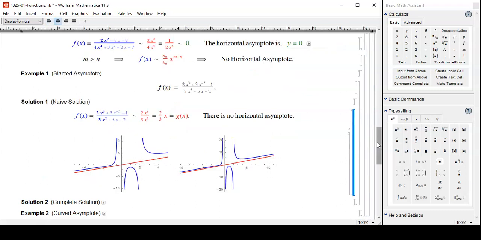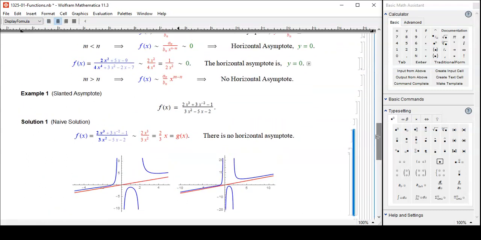Yes, there goes an explanation about slanted asymptote or oblique asymptote when the numerator has 1 higher degree. By taking the asymptotic equivalence, you get a linear function. So, the slanted asymptote must have a slope of 2/3. But this line itself is not a slanted asymptote.